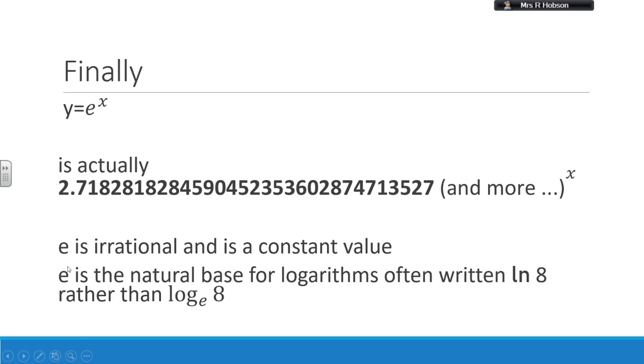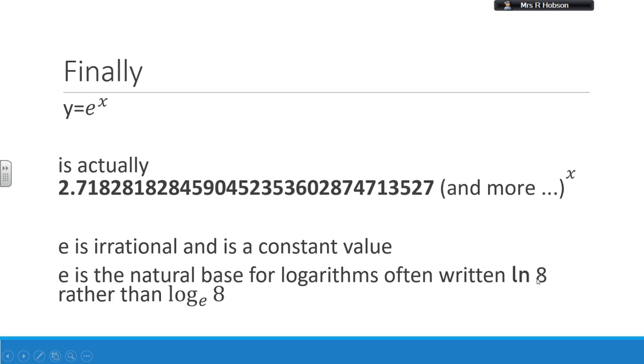Now, another thing to know about e, which you may not have met yet, is that e is the natural base, we call it, for logarithms. And we often write this as ln 8, where 8 is just a value I've chosen, rather than log to the base e of 8. But by the way, both are acceptable.